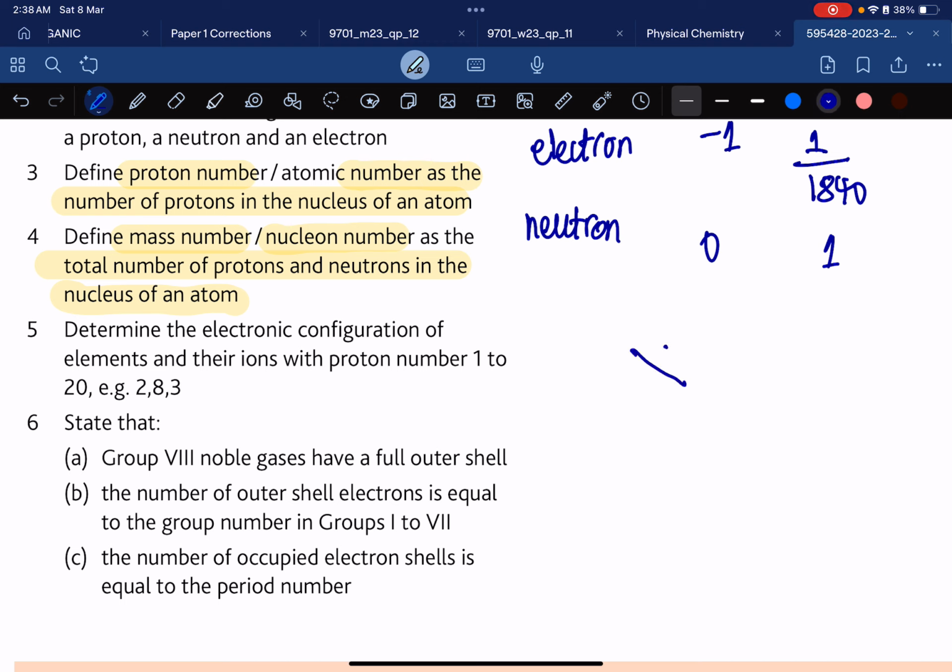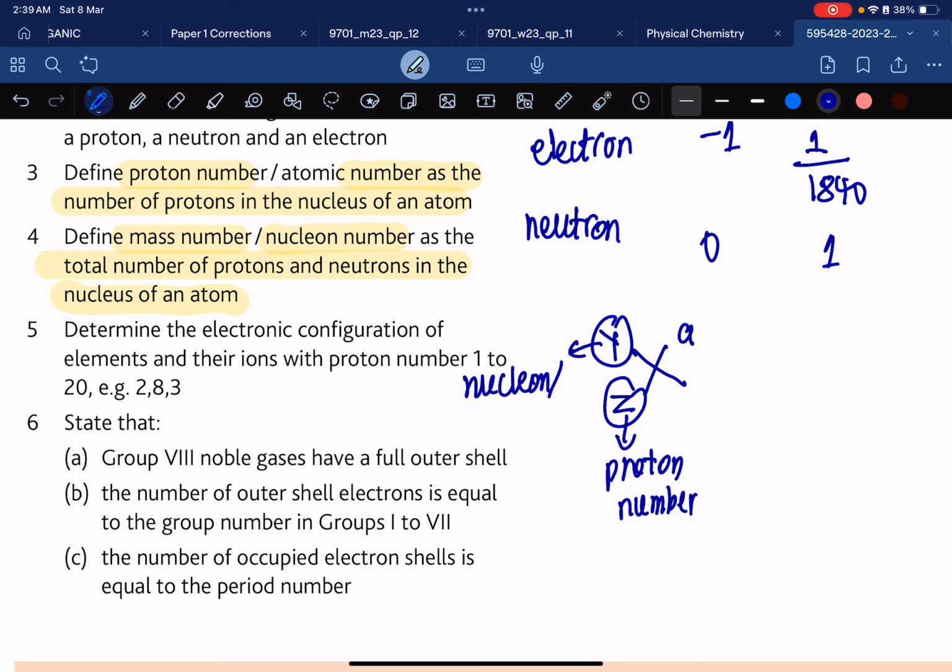When you have an atom X, the number here is the proton number, which shows the number of protons in the atom. This is the nucleon or mass number. By the way, the proton number is also called the atomic number. The mass number shows the number of protons and neutrons, whereas Z just shows the number of protons.